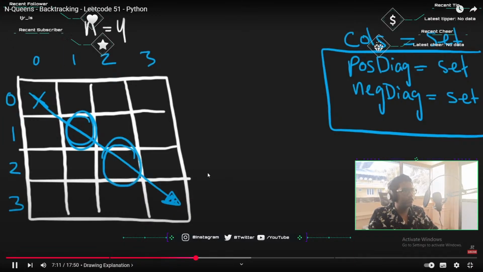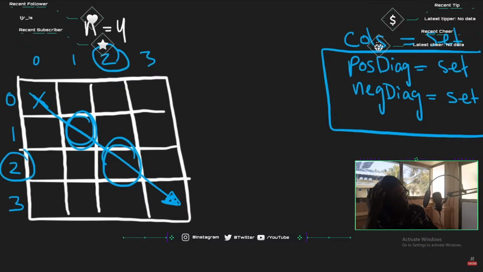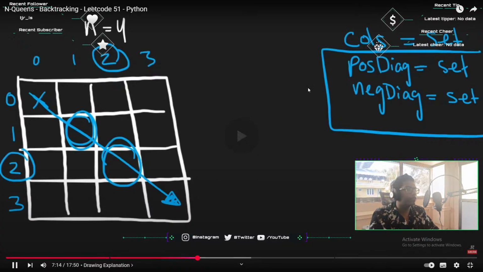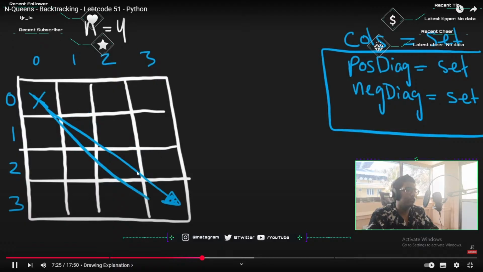Then we get to this position where the row and column are 2, 2. So notice how each time we're increasing the column value by 1 and we're increasing the row value by 1 as well. What does that tell us? That tells us along this negative diagonal, the computation row minus column is going to stay constant.